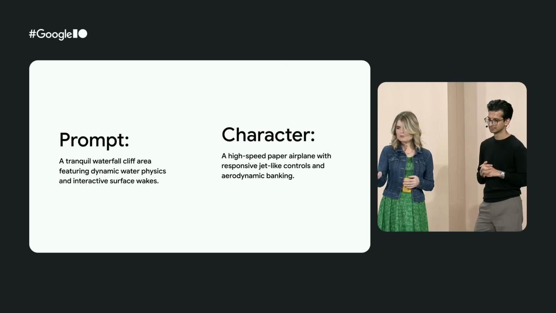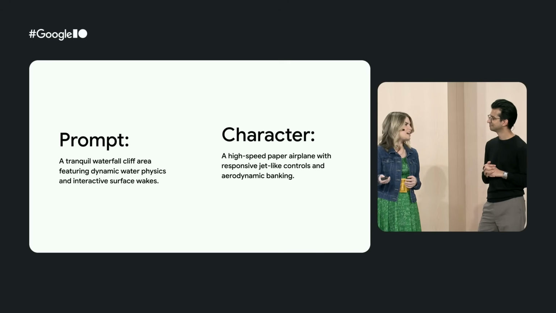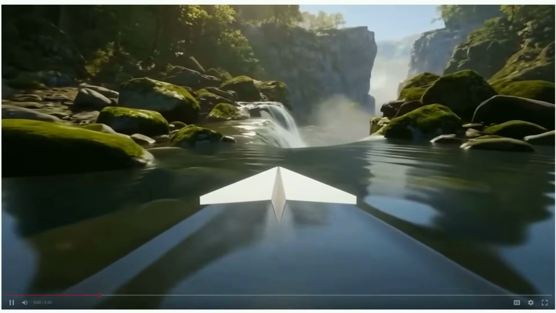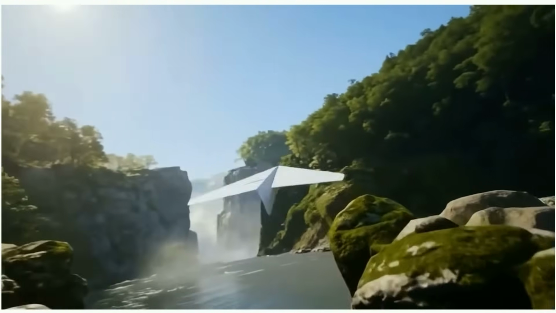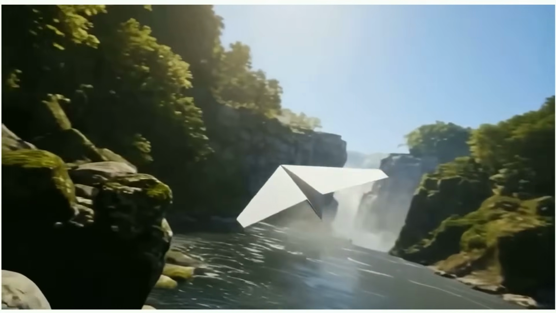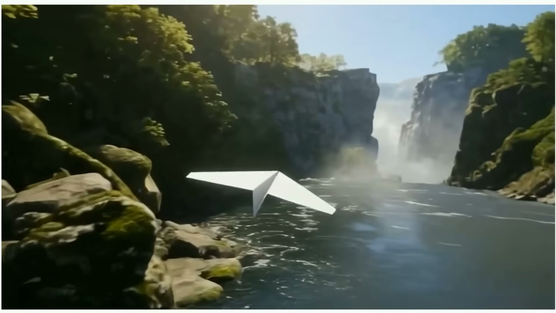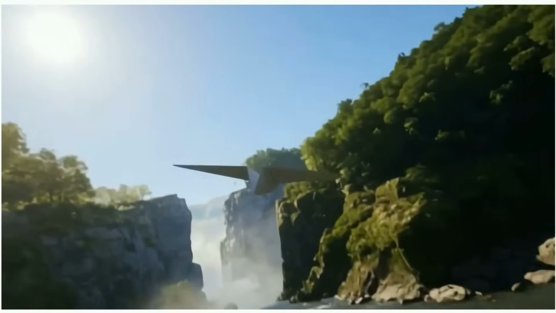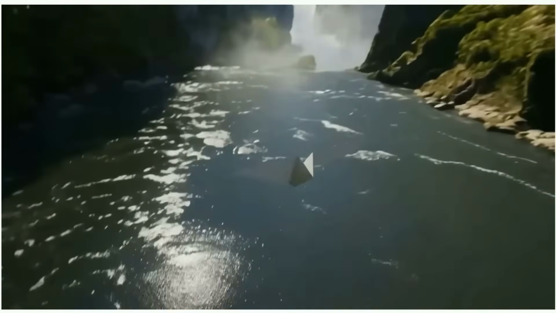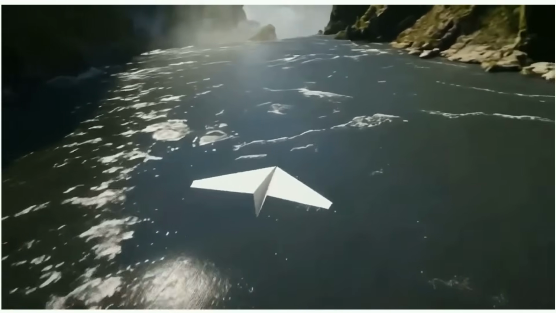So as an example, this is a prompt: a tranquil waterfall cliff area featuring dynamic water physics, and then a character, which is a high-speed paper airplane. And so you can see, similar to what Ammaar was just mentioning, the physics of the airplane as it's interacting with some of the splashes, the physics of the currents in the river, how this is moving and banking, and then even the reflections of the light on the water.